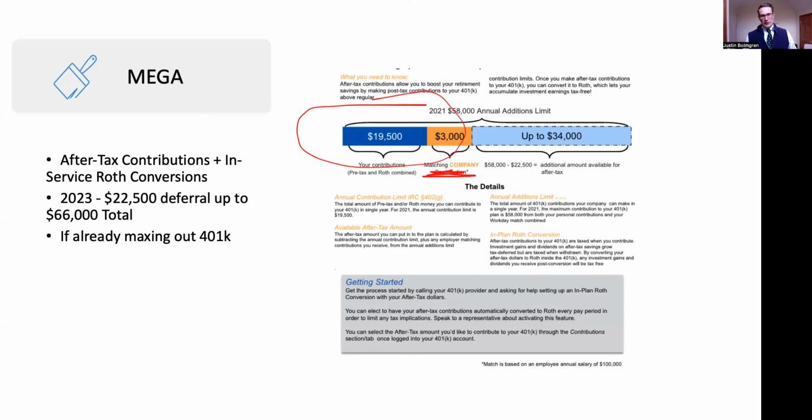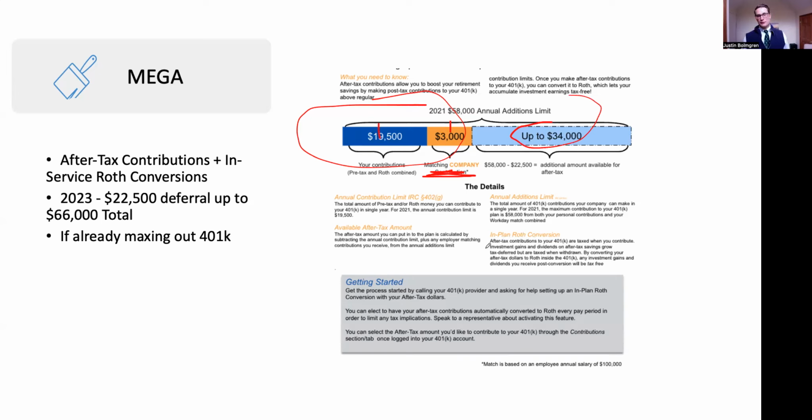Now the light blue here: again, if you're able to contribute on an after-tax basis, you contribute up to the annual limit, filling it up, adding this plus this, whatever's left. For 2023, that's up to $66,000. So 22 plus whatever the matching is.